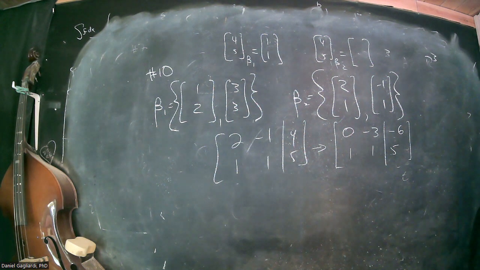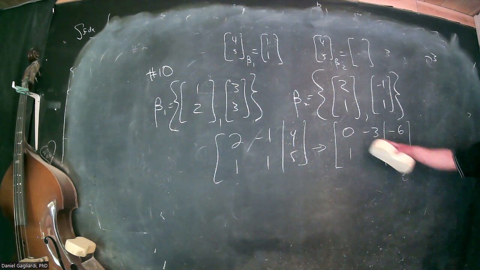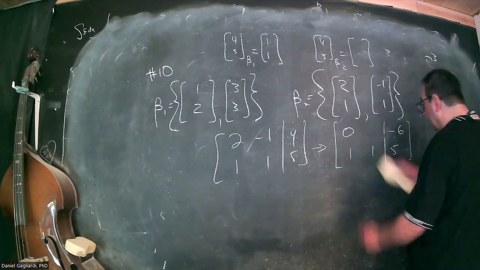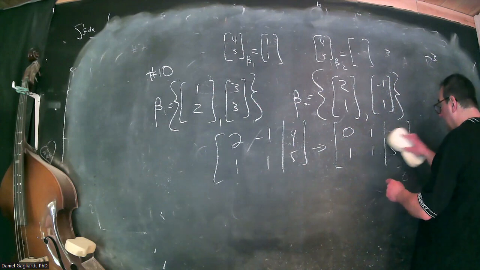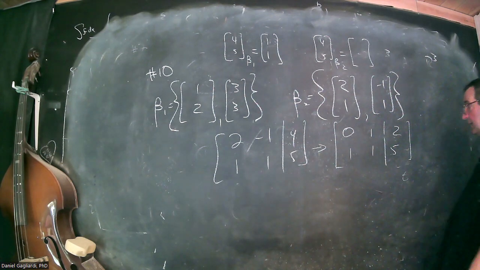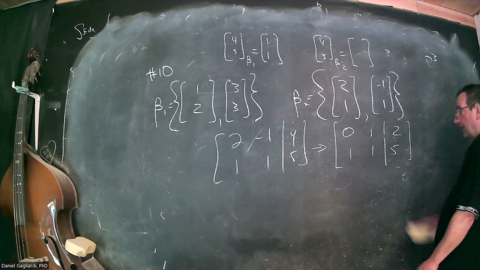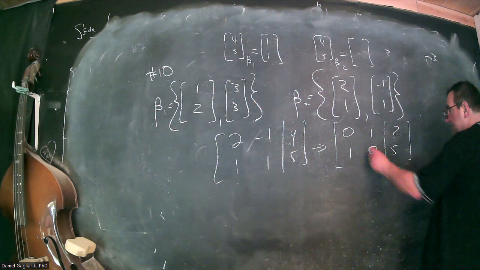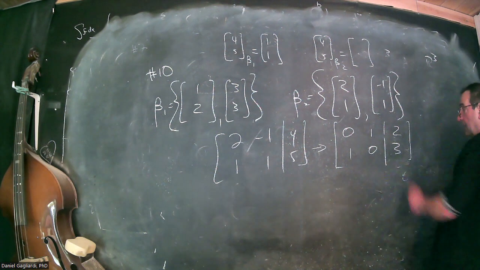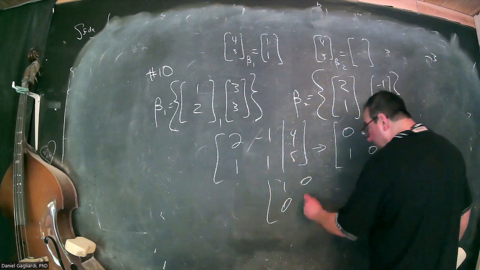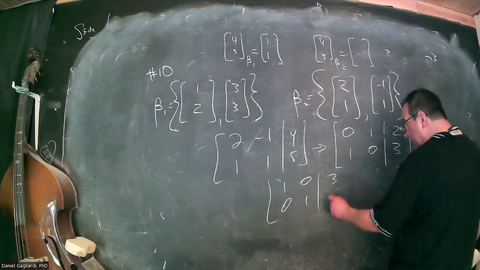So how about, let's say, we divide row 1 by negative 3. If I do that, I have a 1 here and then a 2. And then I take row 2 minus row 1, and I have 1, 0, 3. If I interchange row 1 and row 2, I have [1, 0 | 3; 0, 1 | 2].